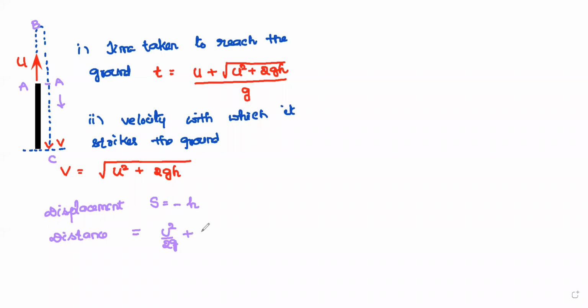And B to C, again we wrote it as BA, that is again u square by 2g. B to A is also u square by 2g. And then A to C, that is the height of the tower H. These are the things we used yesterday. Just a small recap.